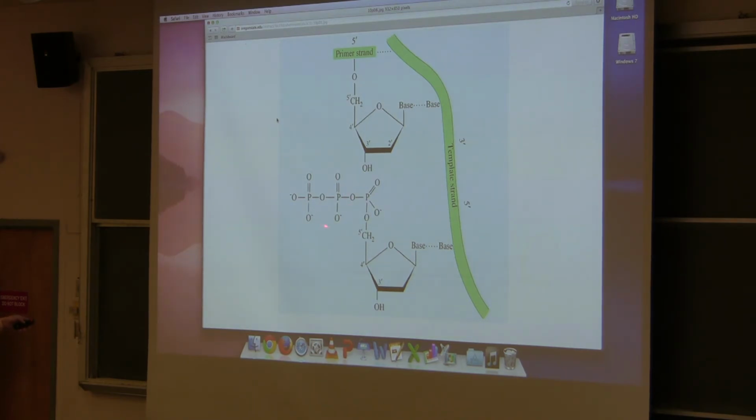It's breaking those 2 phosphates off that are on the triphosphate. And it's joining the phosphate to that hydroxide on carbon number 3. It's making a phosphodiester bond. After it's done that, the polymerase now says, okay, slide down one more. And it repeats the process over and over and over and over.